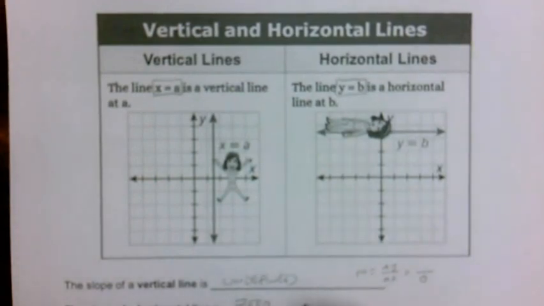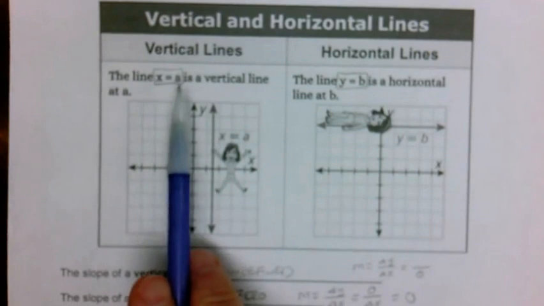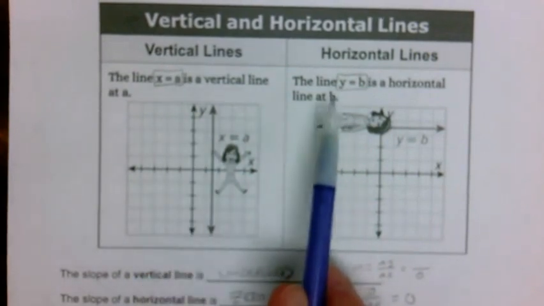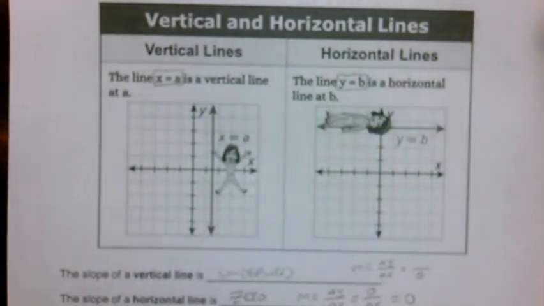For slope again, m equals delta y over delta x. And because there is no vertical change, I'm going to have 0 over whatever the change in x is, which is always going to equal 0. So the slope of any horizontal line is 0. So again, x equals a constant is a vertical line, y equals a constant is a horizontal line.